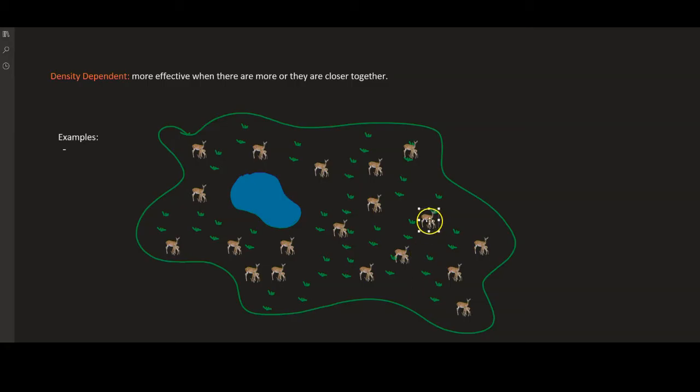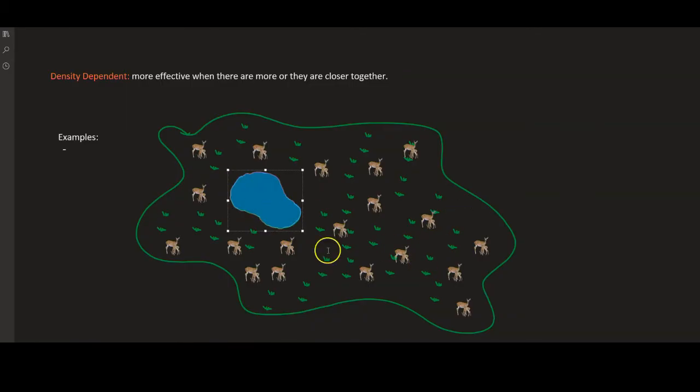If there are, say, just a few of these taken out, they will still be limited by the amount of food, but it's not going to limit them as quickly if there are less of them. And when there are more of them, they're going to run out of food faster, and it's going to limit their population. It's going to kill them much faster when there are more of them.